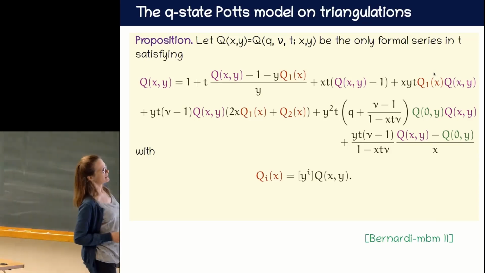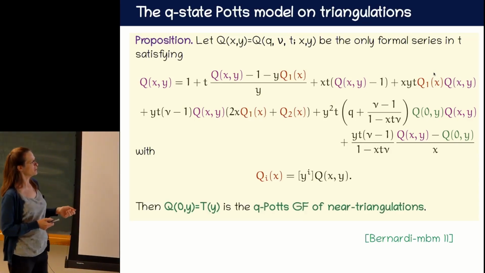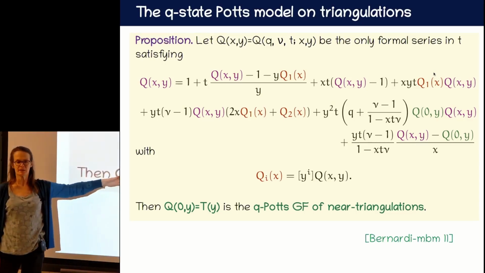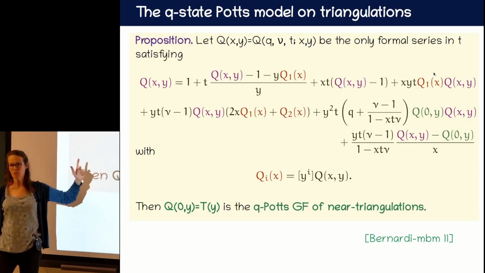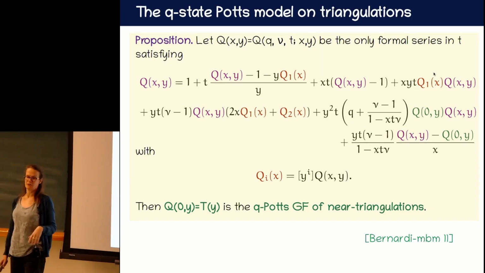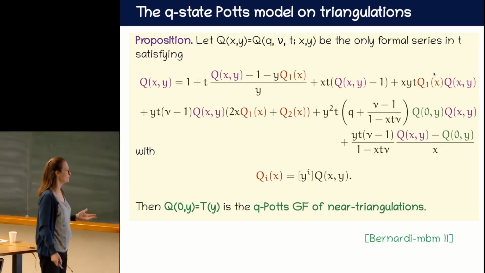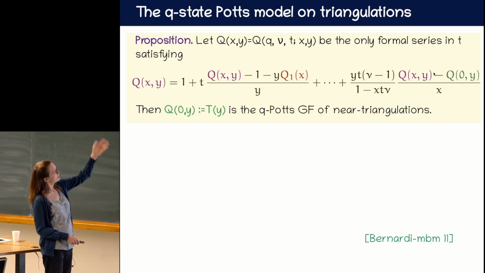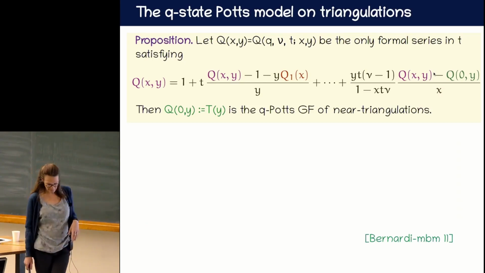Okay, so at the moment this is just an equation, and the connection to our problem is that when you specialize x to 0, this is the Q Potts generating function of near triangulations. Okay, so we had an equation. Here it is in short form.